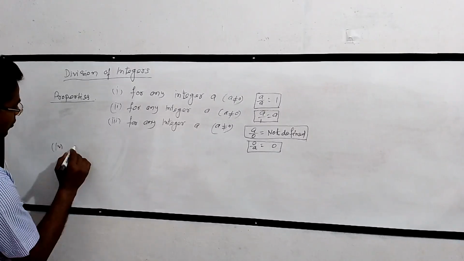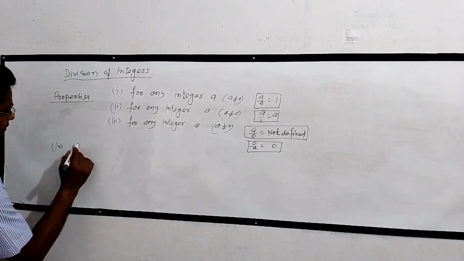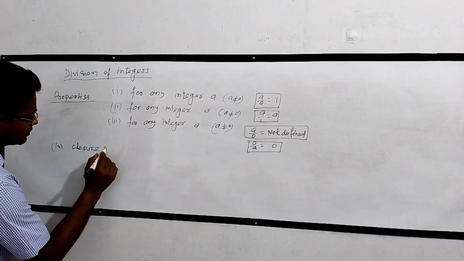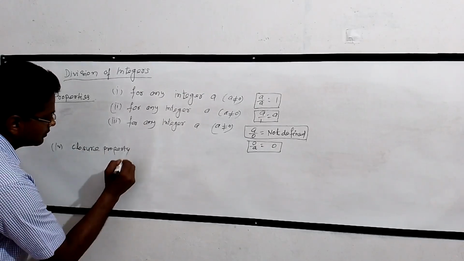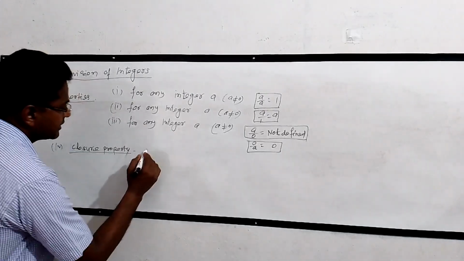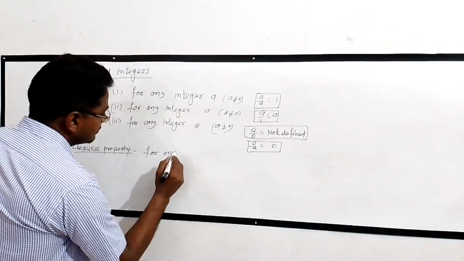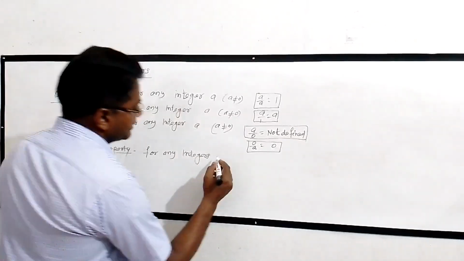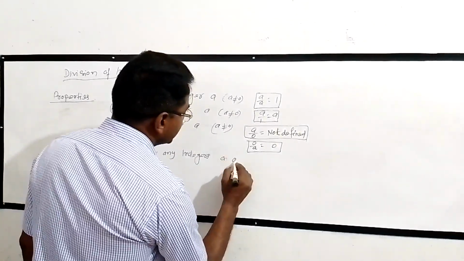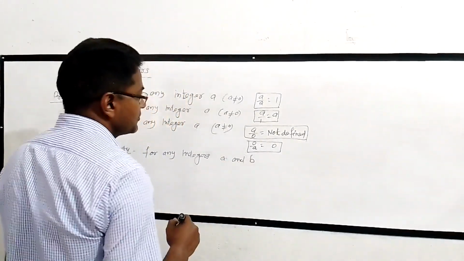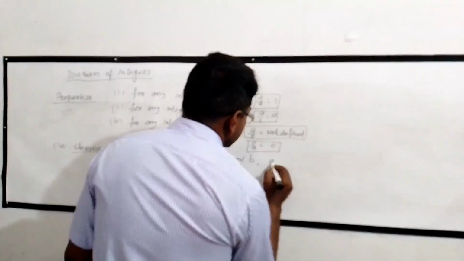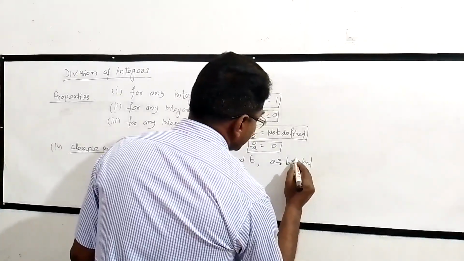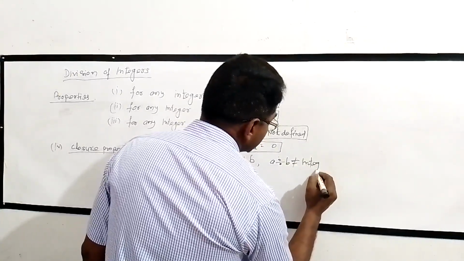Write down closure property: for any integers a and b, a by b is not necessarily an integer.